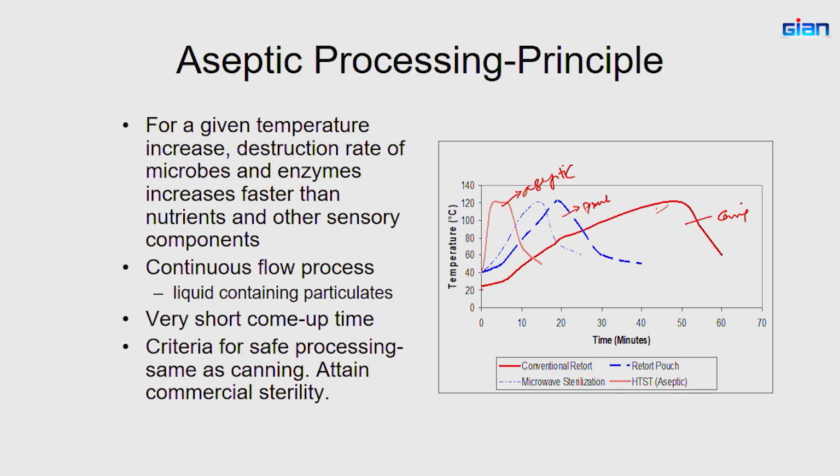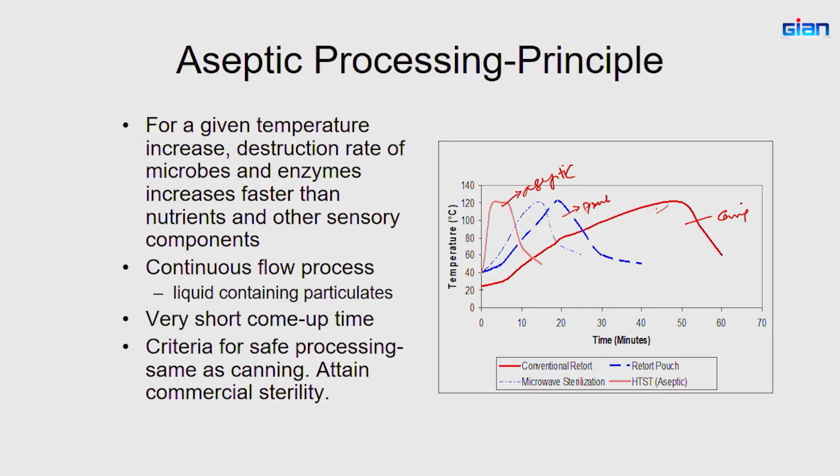Now, what is the criteria for making the product safe? It is similar to canning. Canning has been practiced for 150 or 200 years, and a lot of scientific data has been established, particularly from the 1900s. So, what we are doing here is adapting some of that knowledge: time, temperature, and a certain log reduction of your target bacteria.